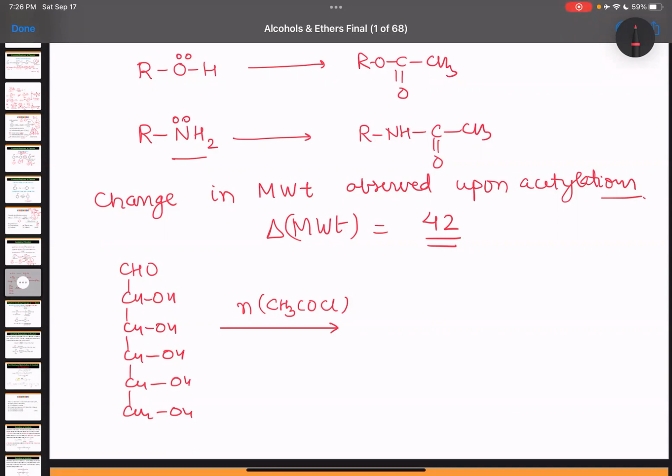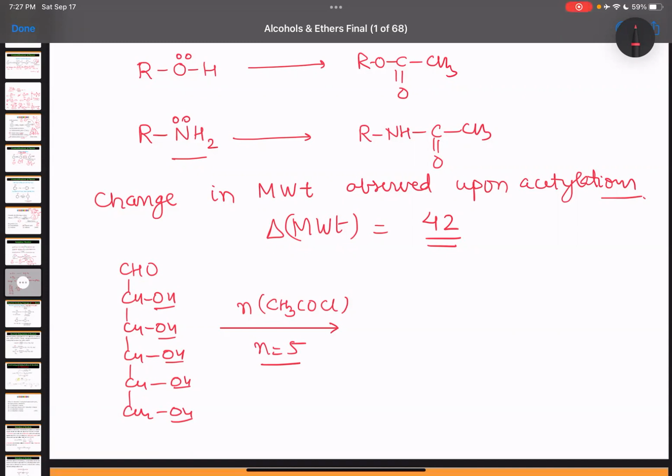This serves as an evidence for the structure of glucose and fructose. Vamsi, no, actually there will be 5 OH groups, no? So how many acetyl groups are needed? N will be equal to 5, right? Very simple.